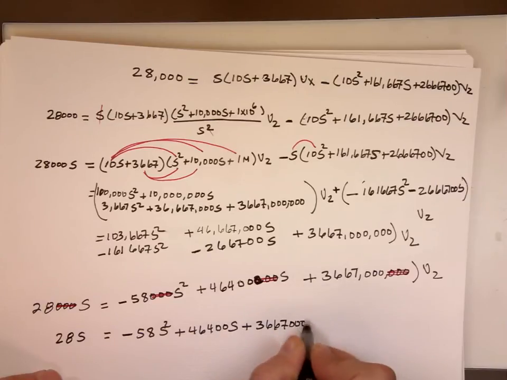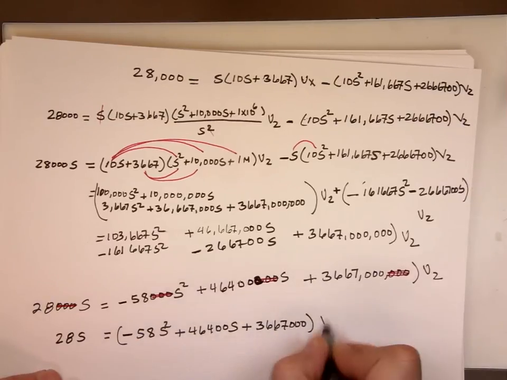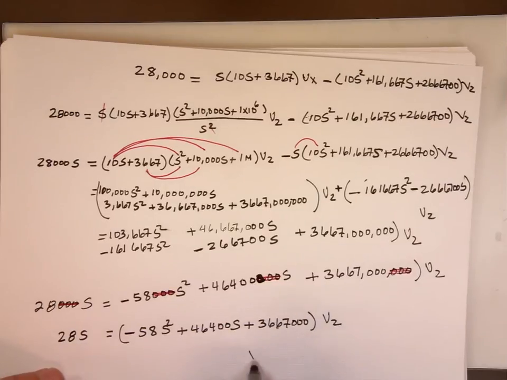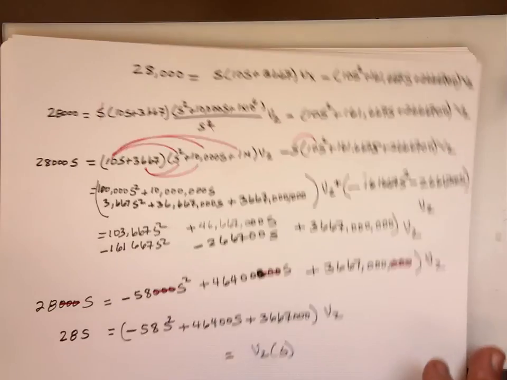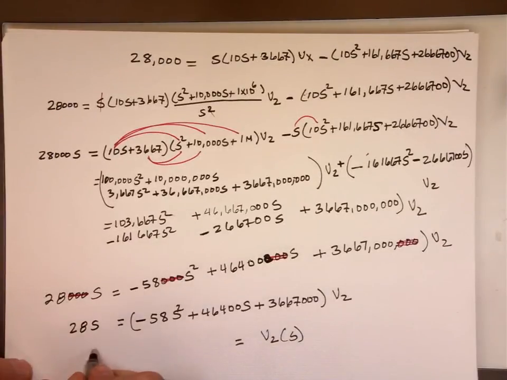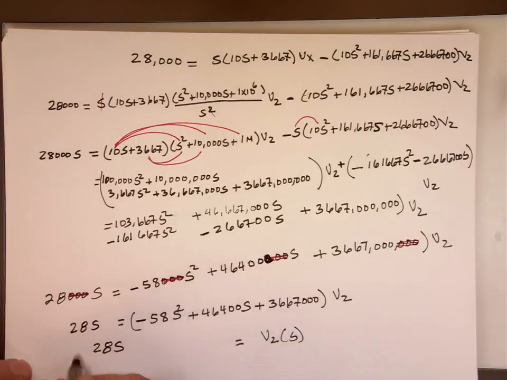And to get V2 as a function of S equals 28. I'm going to take the minus. I never like to start with the minus here, so I'll put it on the top, and that reverses all the signs for me.